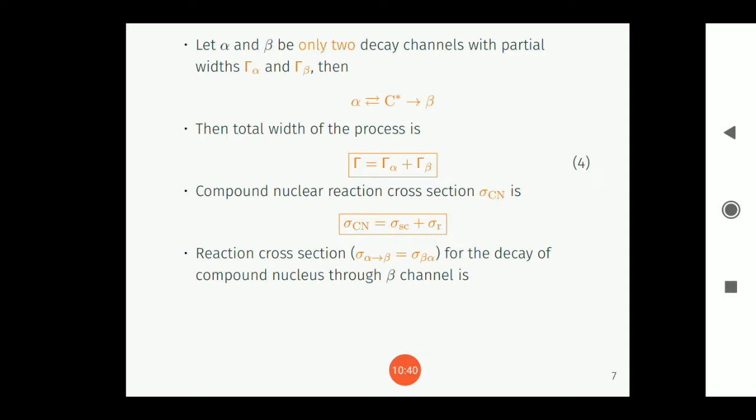So if you want to estimate the reaction cross section through the decay of the compound nucleus through the beta channel, then the expression will be sigma of alpha to beta. Here alpha is a formation channel and beta is a decay channel. It will be equal to the cross section for compound nuclear formation times gamma beta by gamma. Gamma beta by gamma is actually called the branching ratio, which tells us the fraction out of the total width.